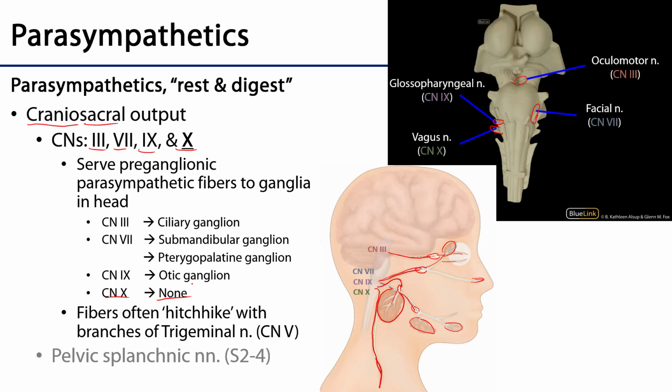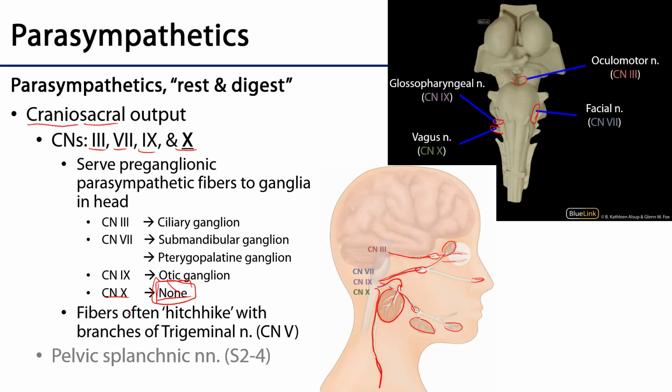So vagus is a very big player throughout the neck and the thorax and the abdomen, but there are no preganglionic parasympathetic fibers heading to the head.